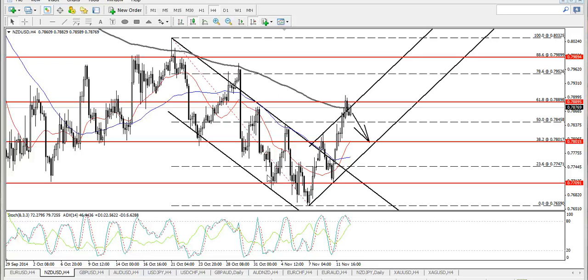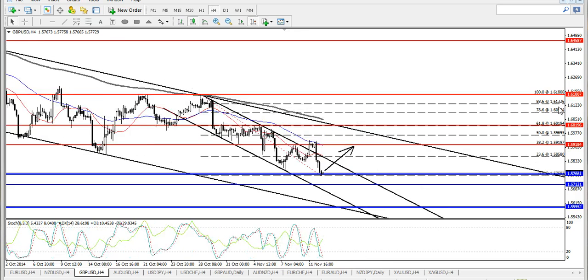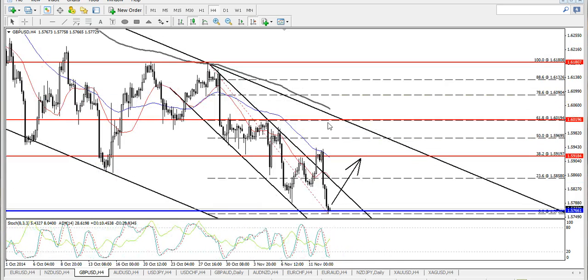Alright, next we have the pound against the US dollar. Four-hourly chart here. Price basically slumped because the Bank of England has cut its growth forecast as inflation slows, and therefore it has touched the final exhaustion level of 161.8% at the price of 1.5766, but immediately it got supported, and therefore we can expect some retracement from here.